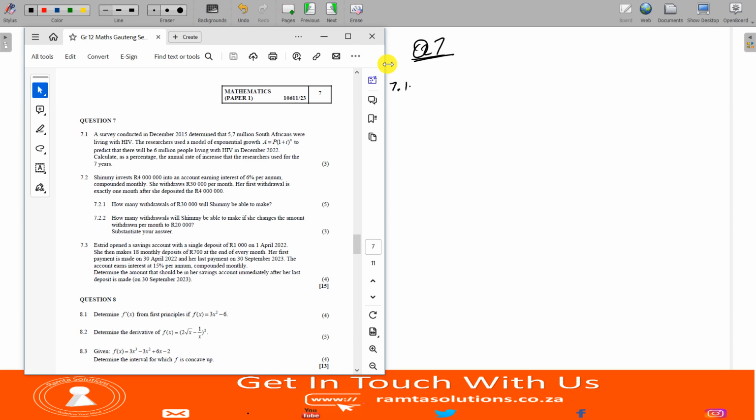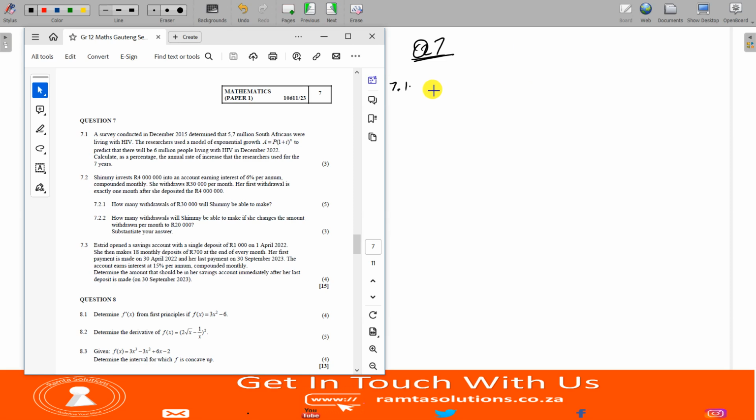The researchers used a model of exponential growth, which is A equals P(1 plus i) to the power n, to predict that there will be 6 million people living with HIV in December 2022. Calculate as a percentage the annual rate of increase that the researchers used for the 7 years.